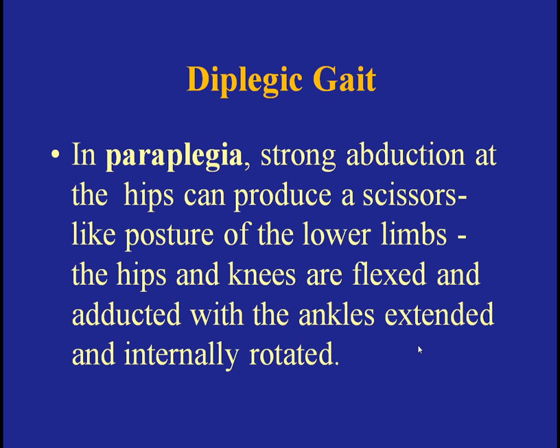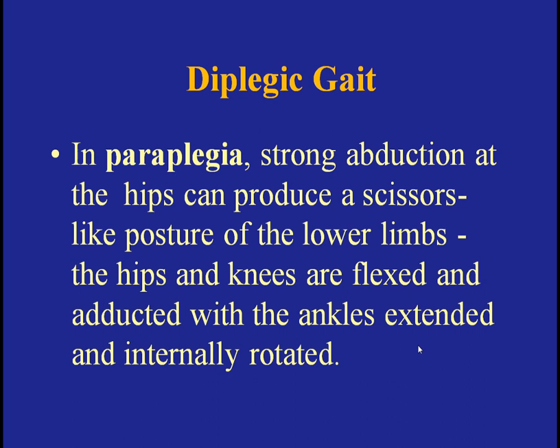Deep latching gait. In paraplegia, do you remember what it is, paraplegia? When both upper extremities or both lower extremities are affected. So in lower paraplegia, the patient has both lower extremities with plegia or paresis due to affection of the upper motor neuron.